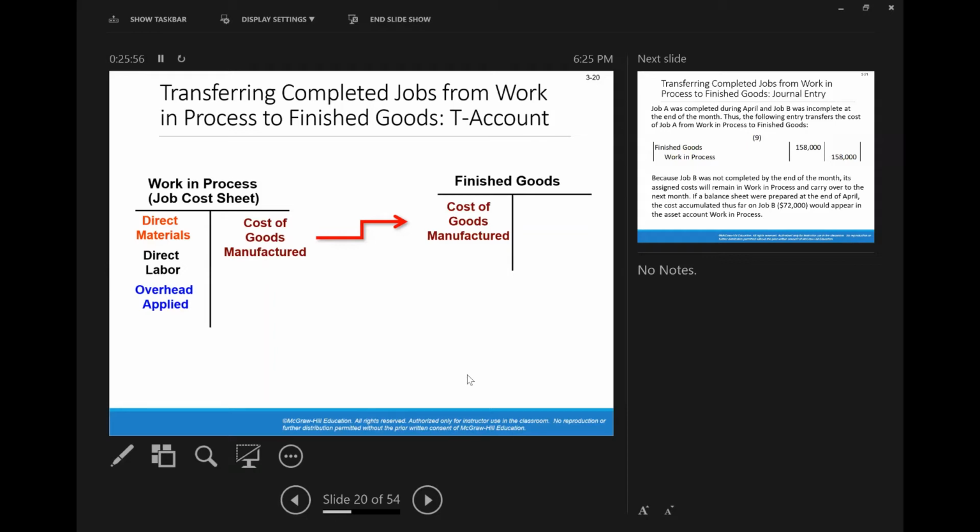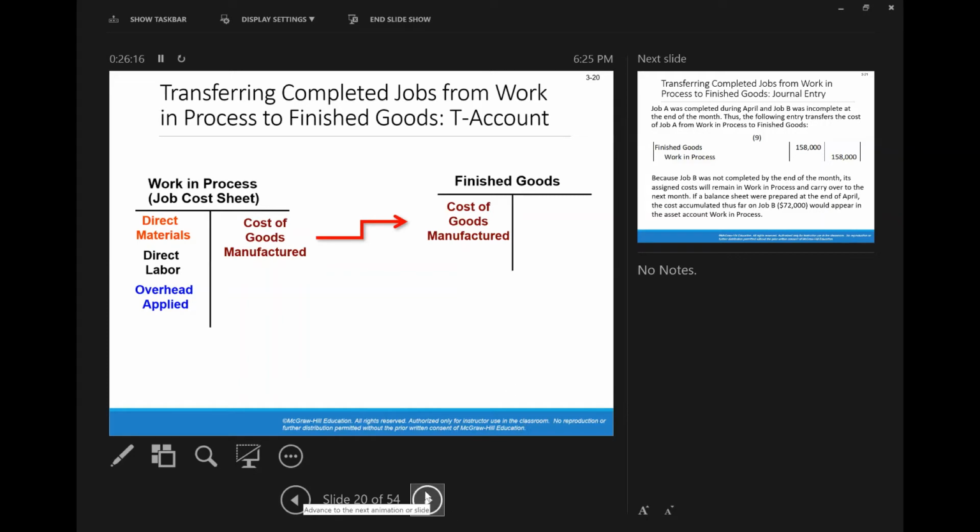So you take your whole cost of manufacturing and you credit work in process and you move it into finished goods. Okay, so that's what this is showing here. We're crediting the cost to work in process and we're moving that cost over to finished goods. So it's just taking the total of the job.